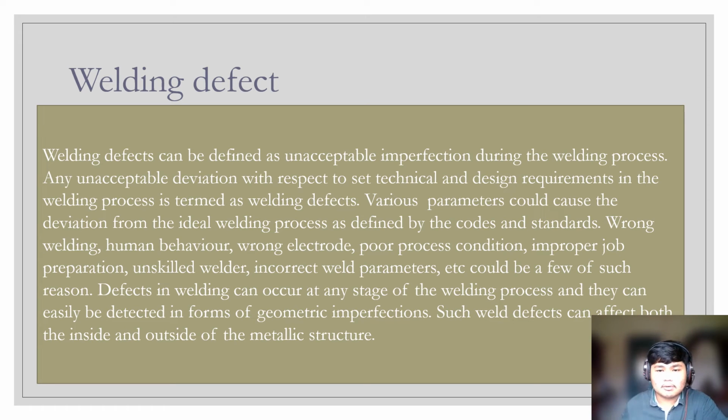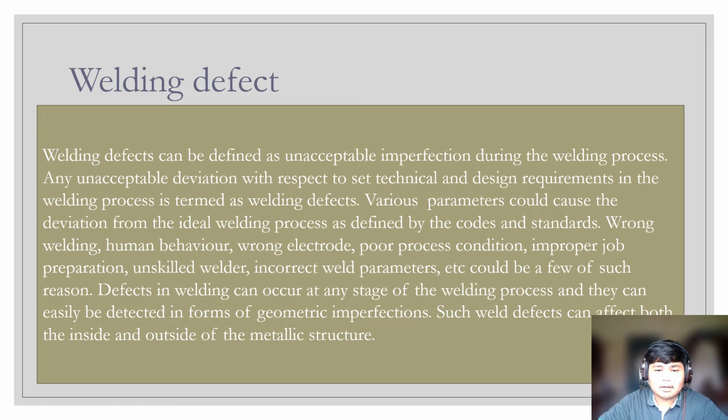Various parameters could cause the deviation from the ideal welding process as defined by the codes and standards. Wrong welding, human behavior, wrong electrode, poor process condition, improper job preparation, unskilled welder, incorrect weld parameters, etc. could be a few of such reasons.